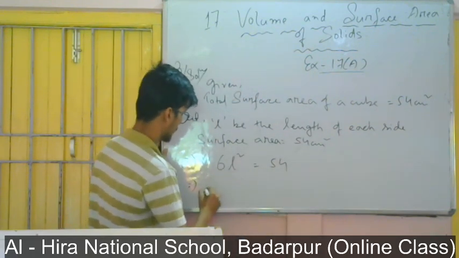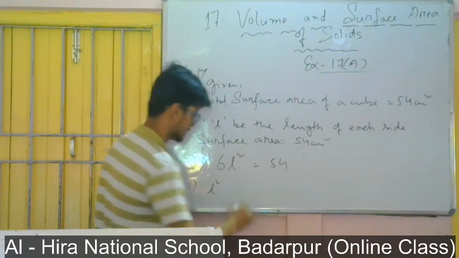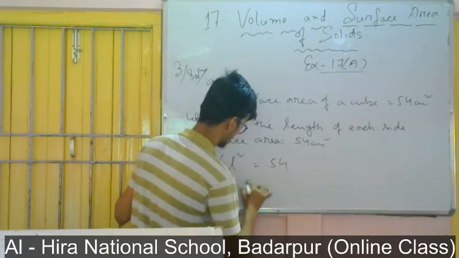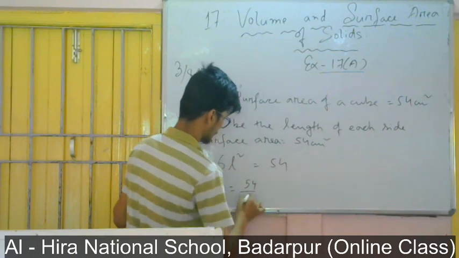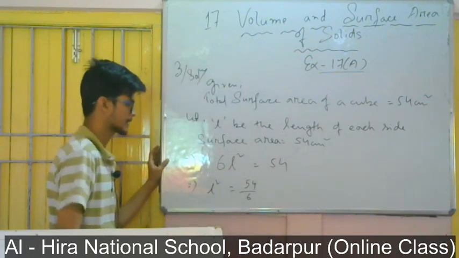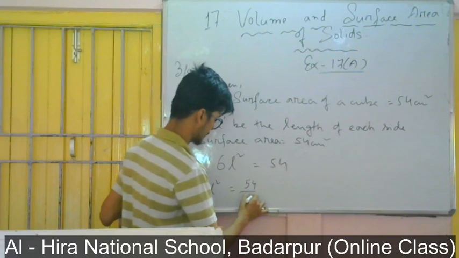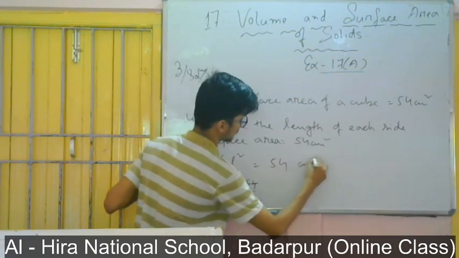So 6L square equals 54. You keep L square on this side, and on that side it will be 54 by 6. You give the unit also here.